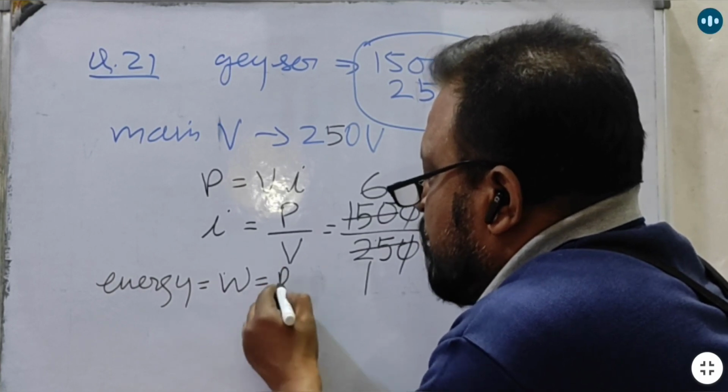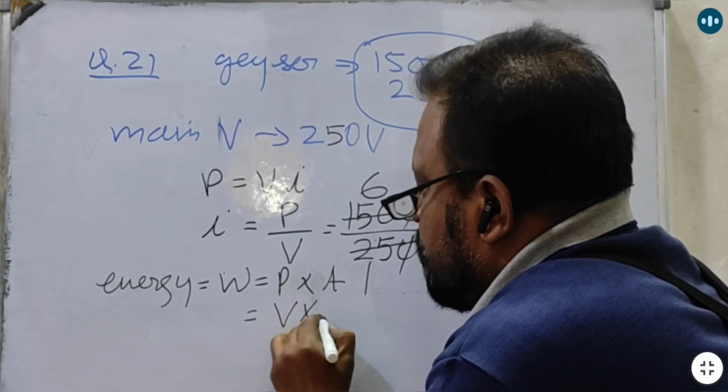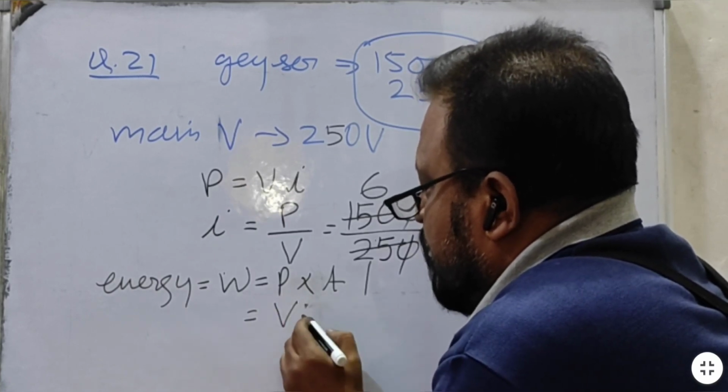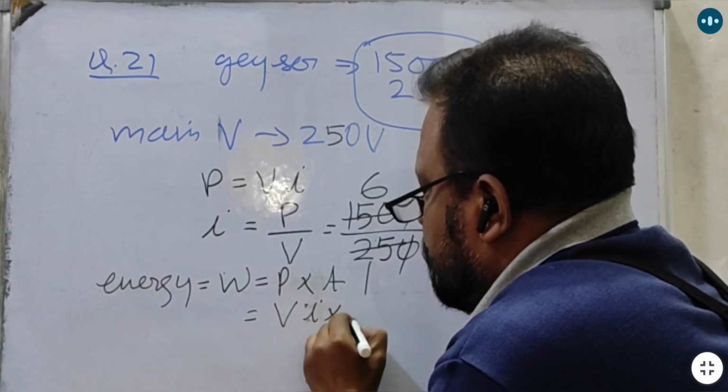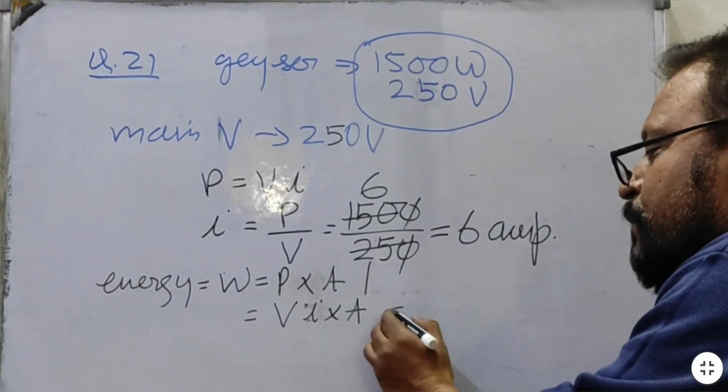P into T. So we can write VI into T. Is it? Okay.